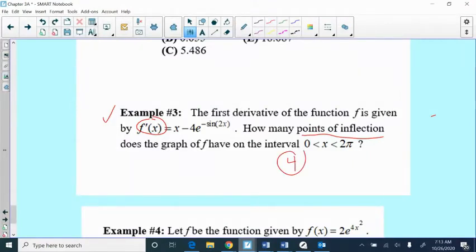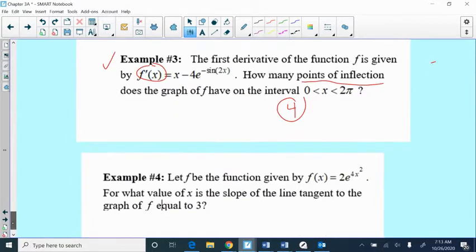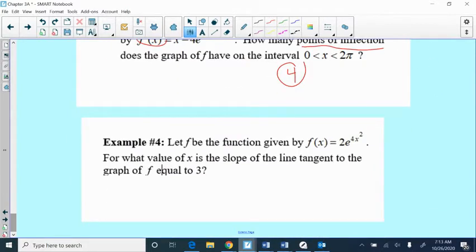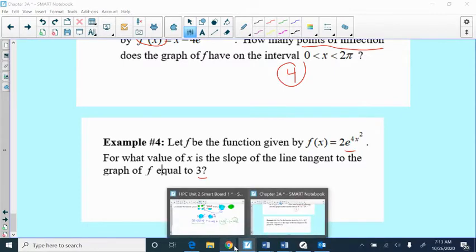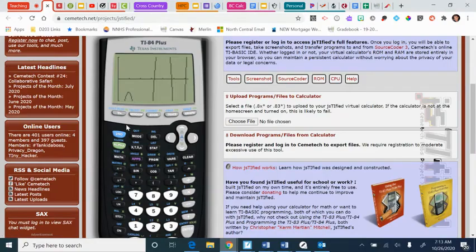Very good. Now, the next one says, here's a function, and let's find out when the slope of this is equal to 3. So let's type in 2e to the 4x squared. Oops, sorry, go back to y equals. So 2 times e to the power of 4x squared.